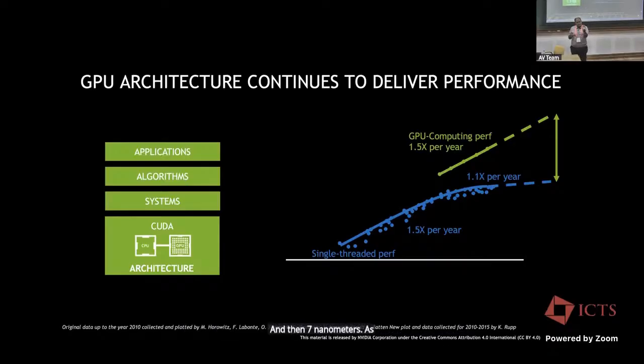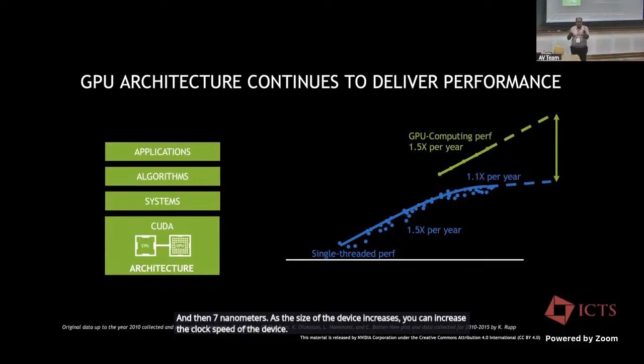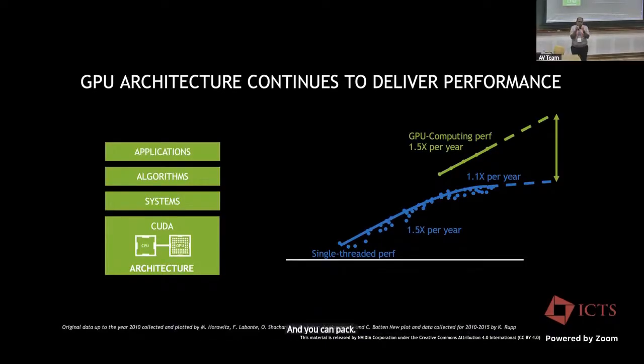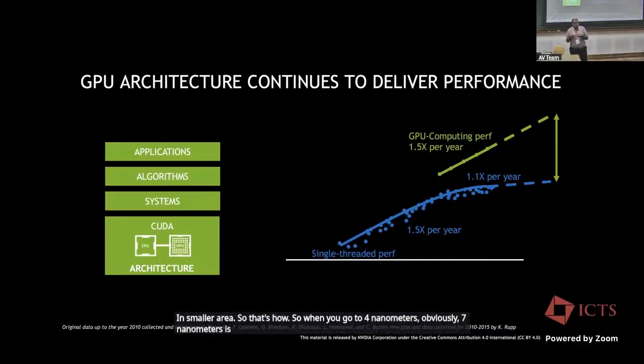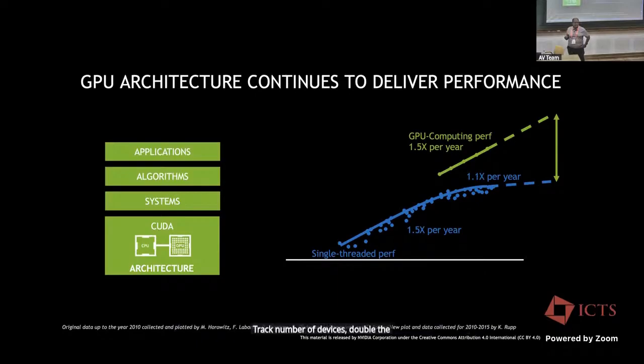As the size of the device decreases, you can increase the clock speed of the device and you can pack more of those devices in a smaller area. When you go from 14 to 7 nanometers, it is almost half, so you can double the number of devices. That's how you make it. And as you make it smaller, you can increase the clock speed. As the clock speed increases, your device speed increases, right?